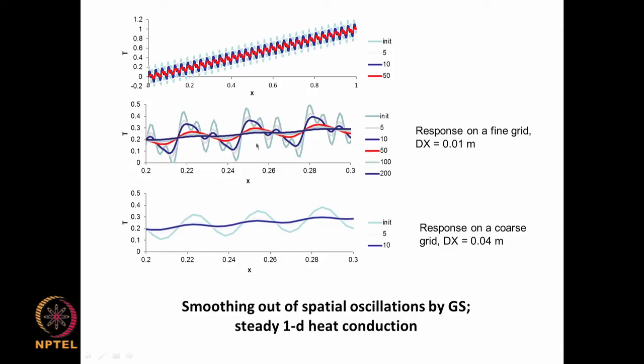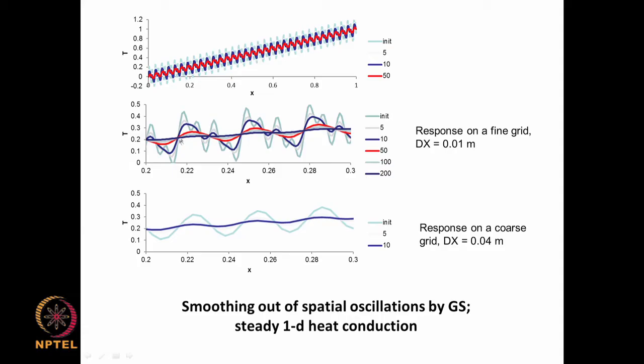This is the wavelength that is remaining after 50 iterations, whereas in the initial variation you have this long wave variation plus a short wave variation corresponding to this. So, the short wave variation got damped within about 10 iterations, but the long wave is persisting after 50 and after 100 and even after 200.